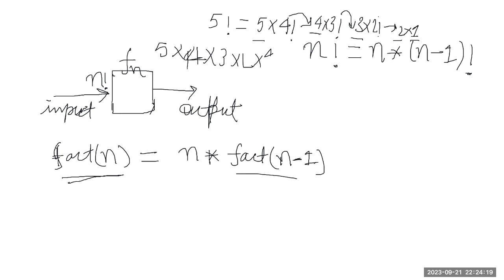See, I have asked a function to calculate n factorial. It is asking me, okay, fine, give me factorial n minus 1. So it is moving towards a smaller input. This is my bigger input, and this is my smaller input.